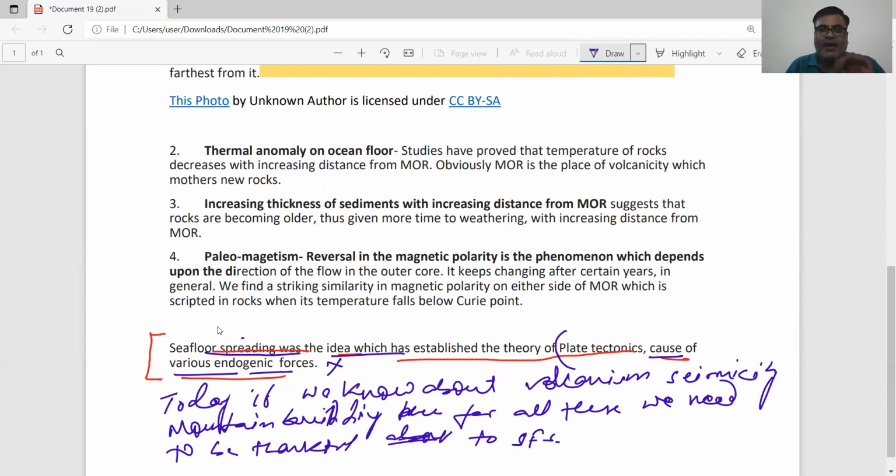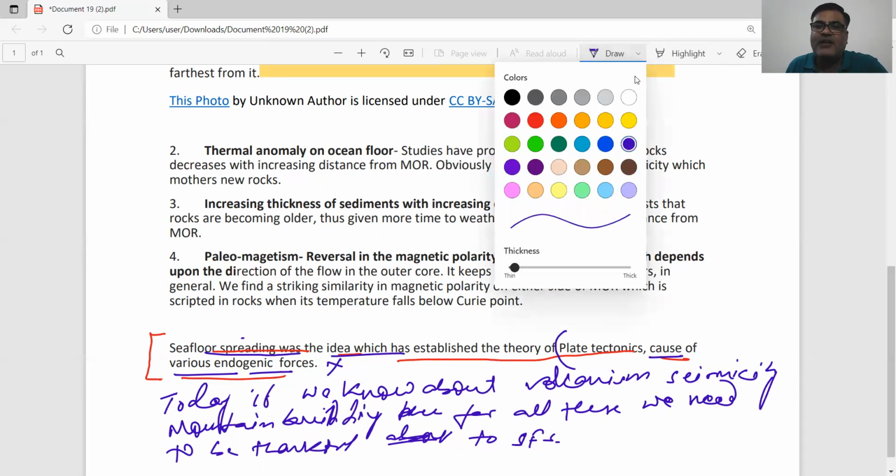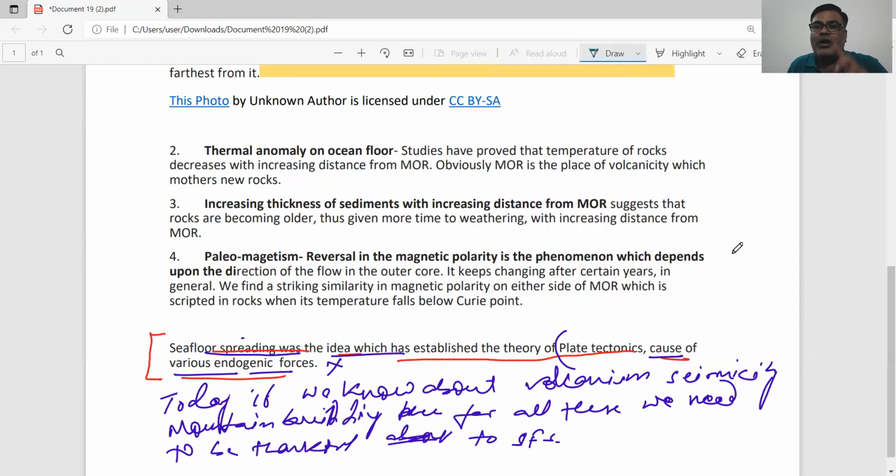Your job is done. What you have done in this is actually given another piece of information and indication to the examiner that you are not only prepared about seafloor spreading. Fine, you have grasped the entire topic, the entire subject, and that's why you know about volcanism, seismicity, mountain building, and so on.